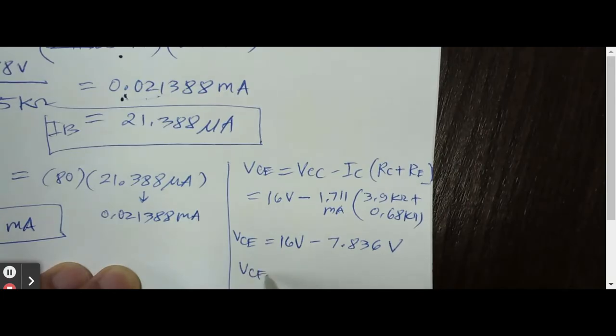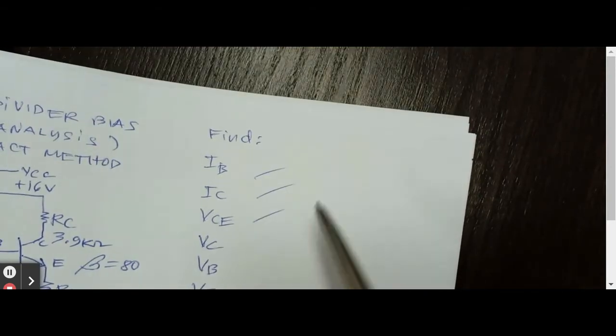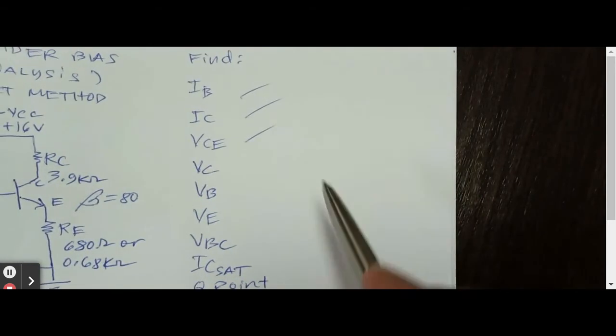And of course, when we subtract this from 16, we will get 8.16362 volts. So that's our VCE. So now we have the IB, IC, and VCE. Now to continue, we will be doing the VC, VB, VE, and others.